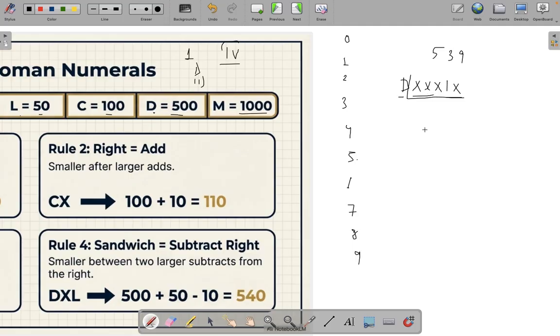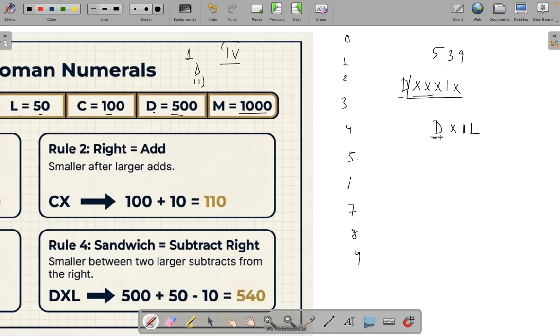So there's one more way wherein you can use DXI. Will this correspond to 539? Sir, the answer will be 541.